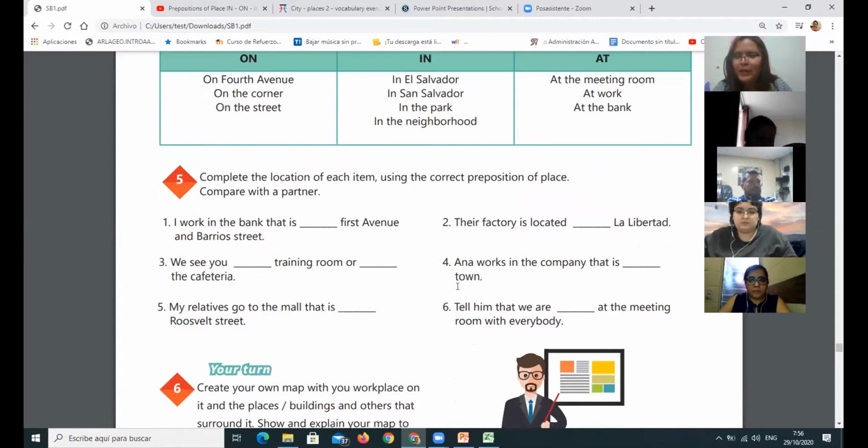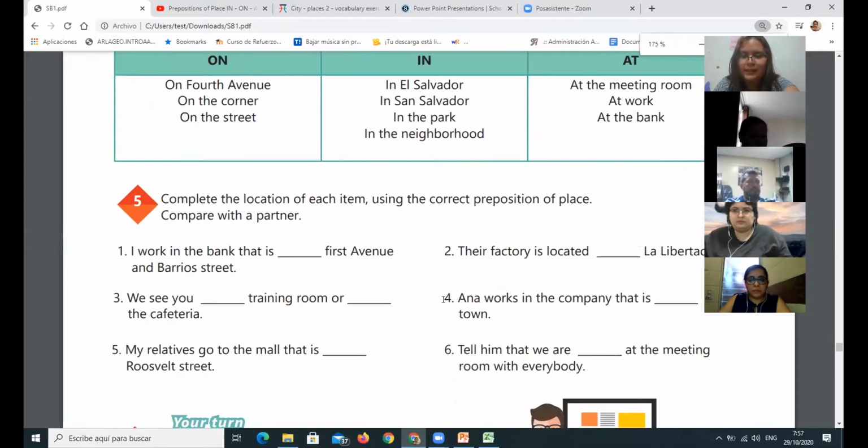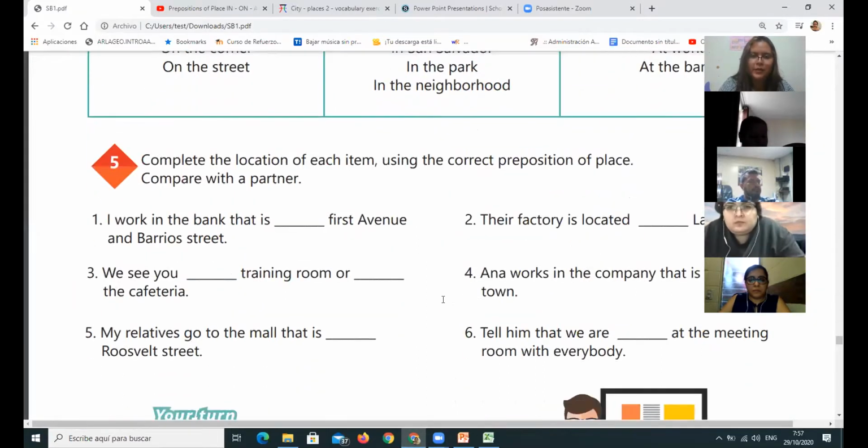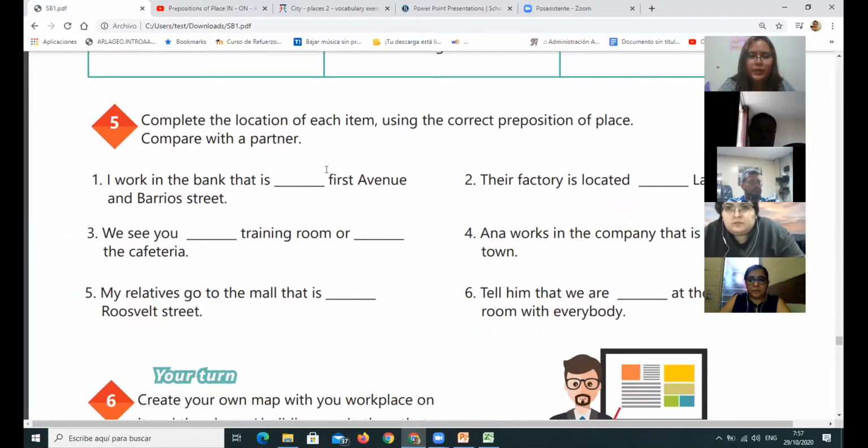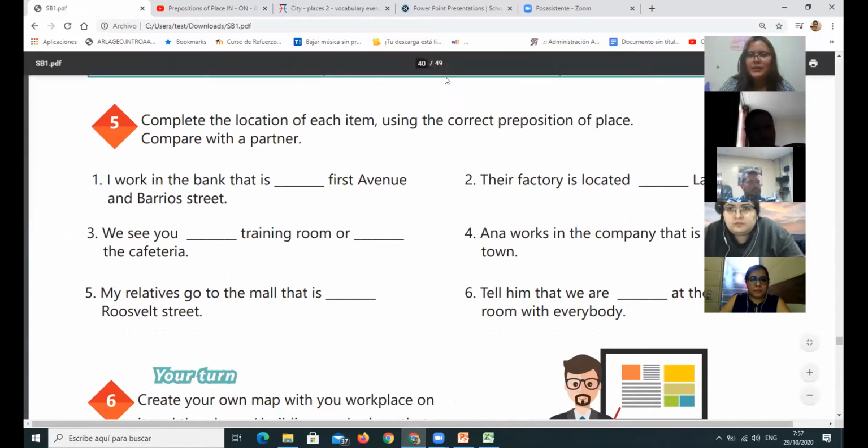Do it individually, and in the chat of Zoom, give me the answers from 1 to 6. Look at this exercise. Complete the location for each item using the correct preposition of place. Do it, please. Write the answers in the chat. Tell me, what is the correct preposition?